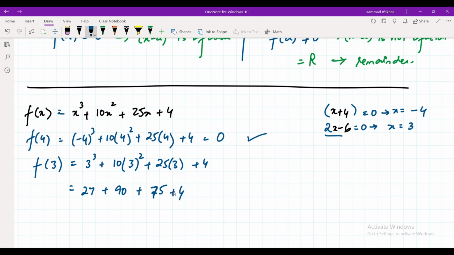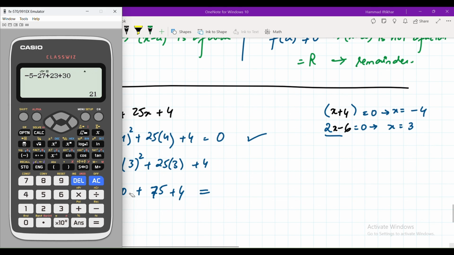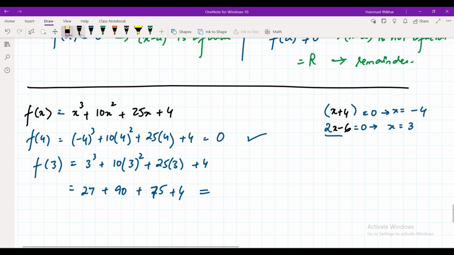As you can see, all of these are positive, so that is not coming out to be 0. So whatever comes out will be our remainder. So 27 plus 90 plus 75 plus 4, 196, that will be our remainder.